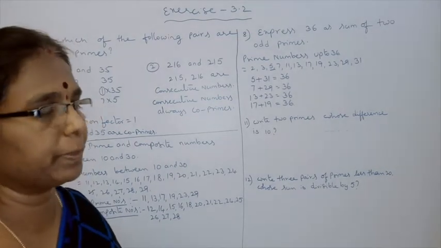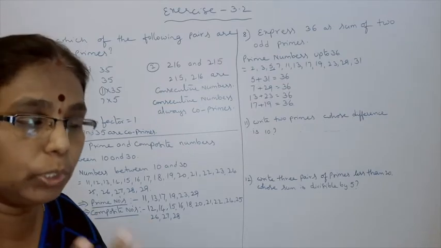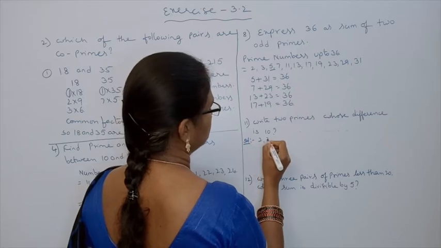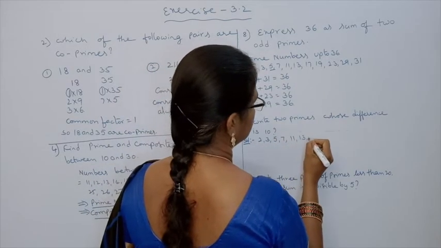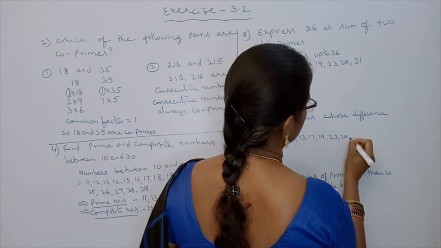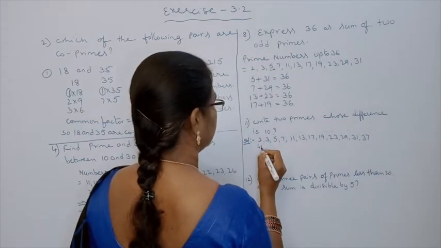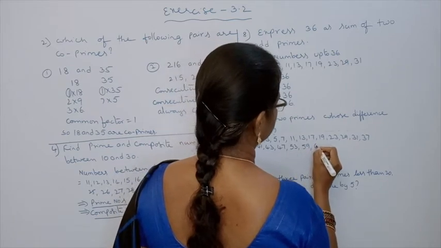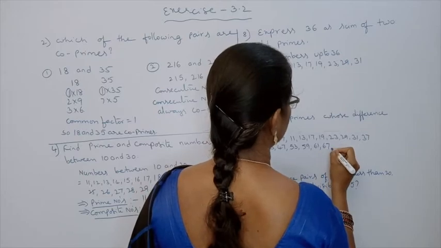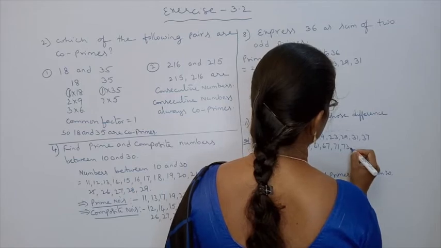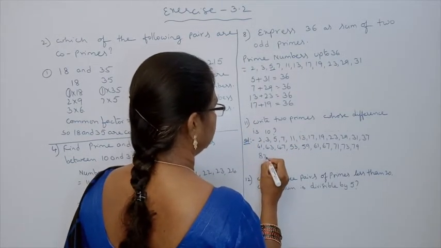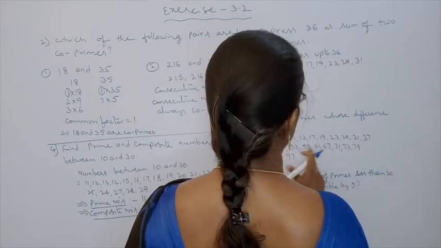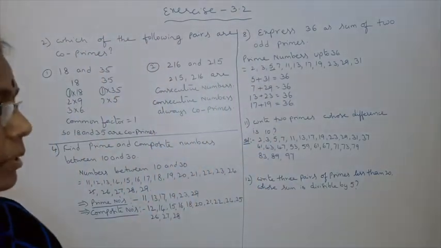First we write those 25 prime numbers, and from that we choose which two primes have a difference of 10. 2, 3, 5, 7, 11, 13, 17, 19, 23, 29, 31, 37, 41, 43, 47, 53, 59, 61, 67, 71, 73, 79, 83, 89, 97. These are the prime numbers up to 100.